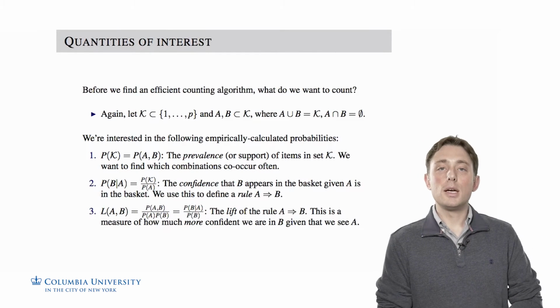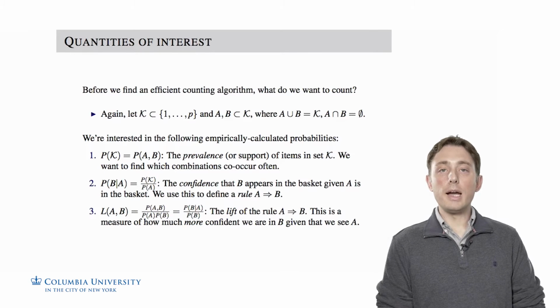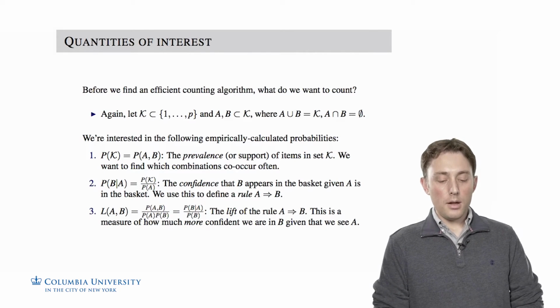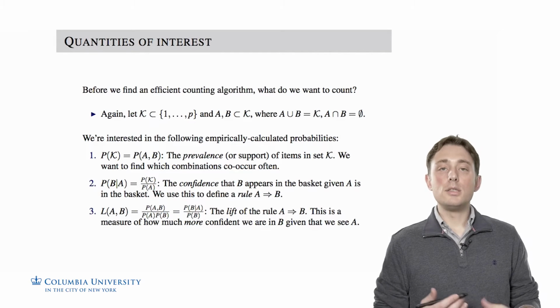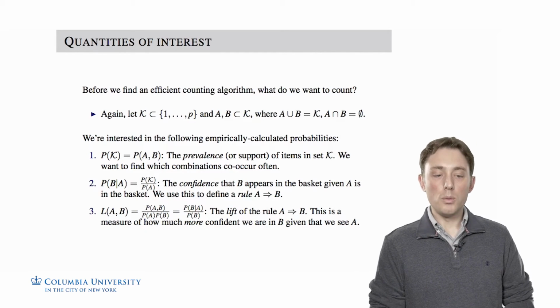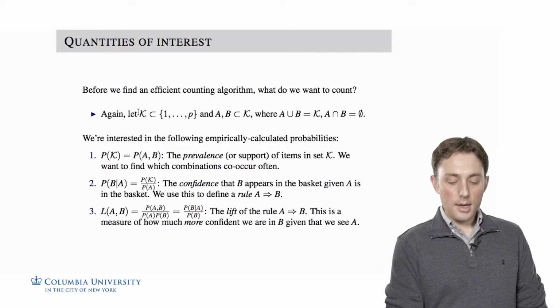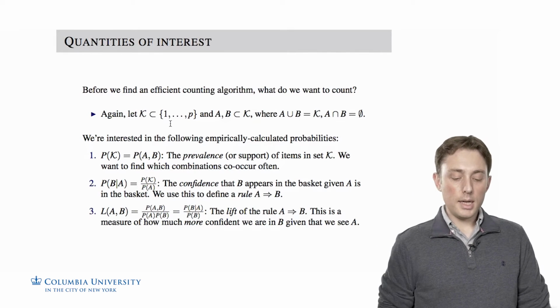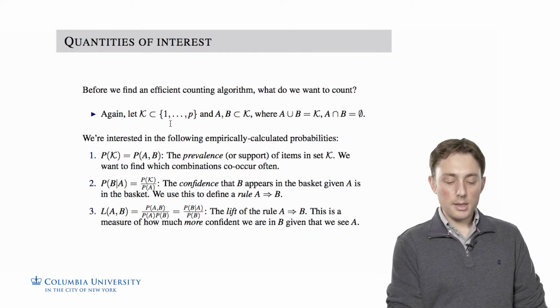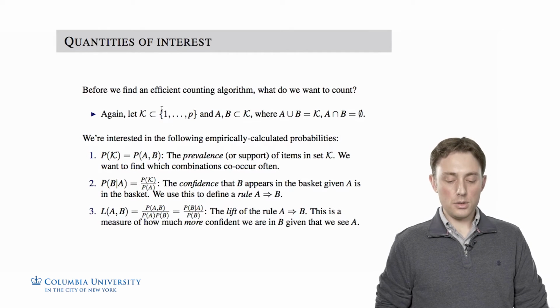So before we discuss the algorithm for finding all of the subsets of potential interest, we first need to ask, what is it that we want to count? So again, let's let K be a subset of P objects. So K is a subset of the P integers.